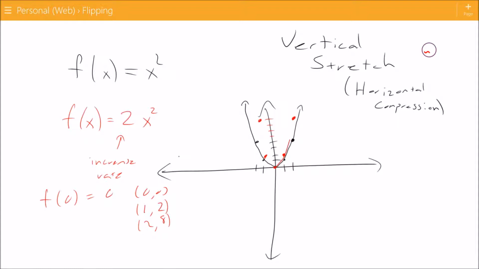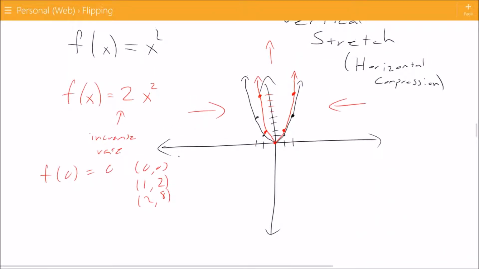So we see that this guy starts to climb a lot more rapidly than the original function does. And that's a way we have of stretching. It's kind of like we're pulling it vertically, making it thinner. Similarly, horizontally it's being compressed. So it's like I'm pushing in from the sides.